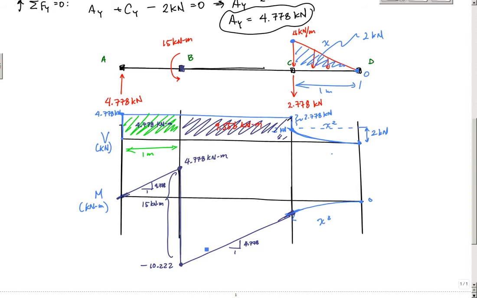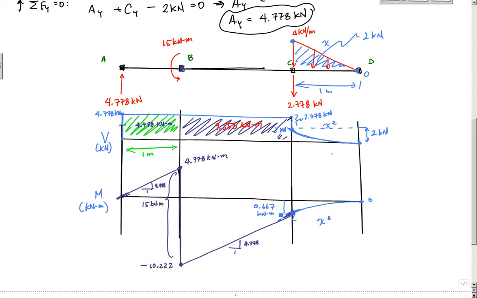And by the way, this value right here, 10.22 minus 9.556, the magnitude is 0.667 kilonewton meters.